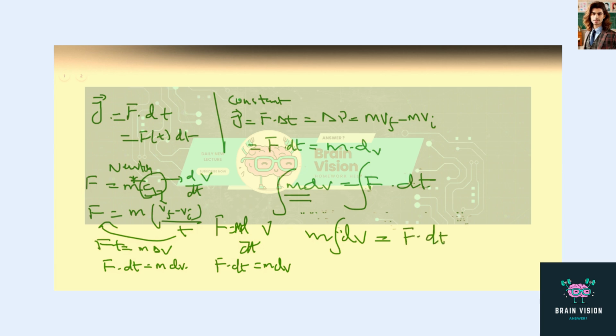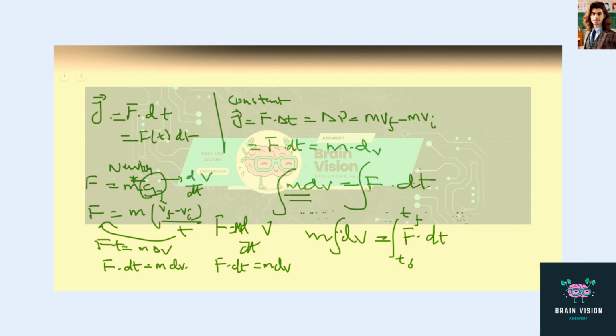We would say something like this: m dv equals F dt, and then using integrals, this m is a constant, so you can pull it out. You get the integral of dv equals the integral of F dt, and this is based on the initial time, which you can call t0, up until t final.